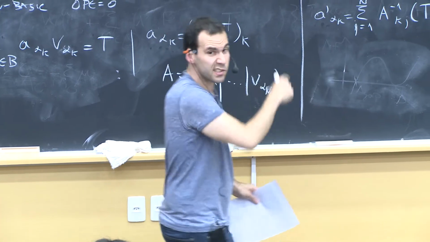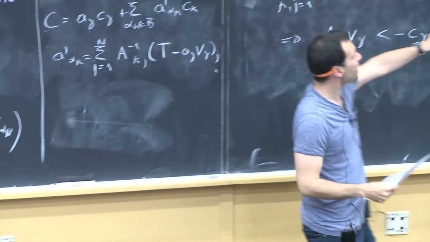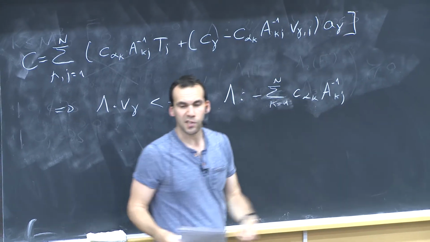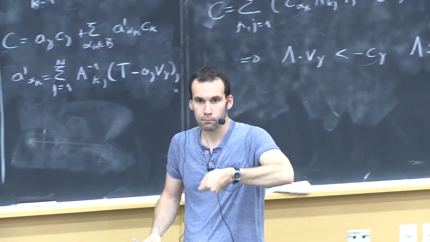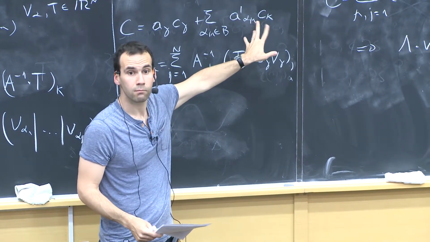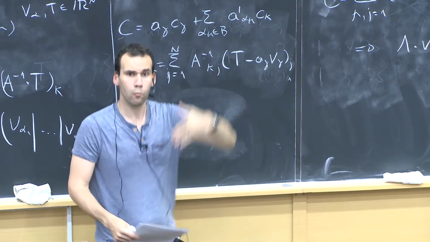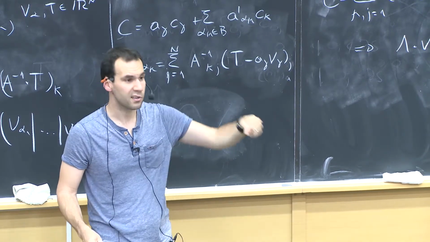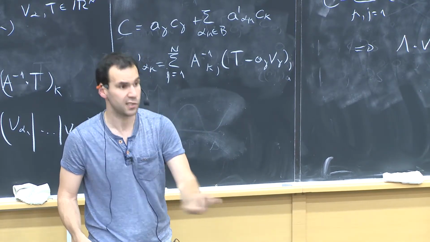Which brings me to the next step. So how do you decide how to set this new coefficient? It's easy. You start turning it on. And as you do that, these other coefficients, they will change. Some of them will increase, but some of them will decrease. And when they start decreasing, eventually one of them will hit 0.